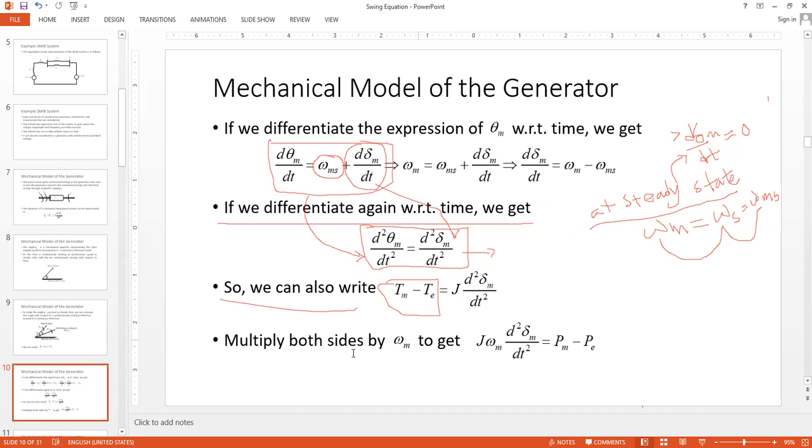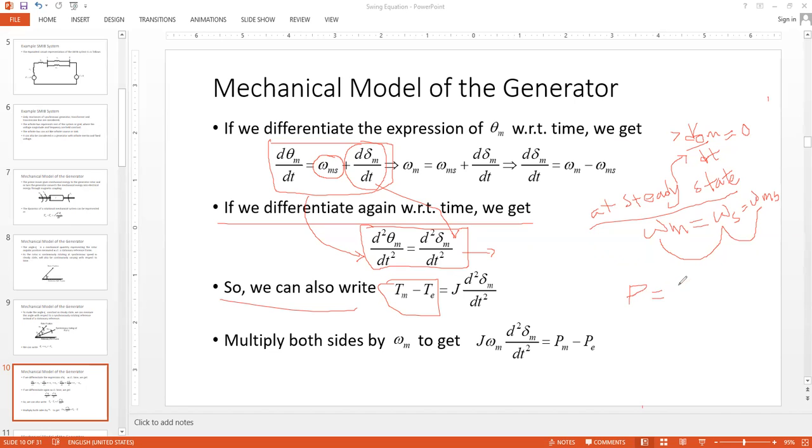Next, we multiply this equation on both sides by omega m. Why do we multiply by omega m? Because instead of torque, we would like to see the expression in terms of power. As you know, P equals T omega, the relation between power and torque.